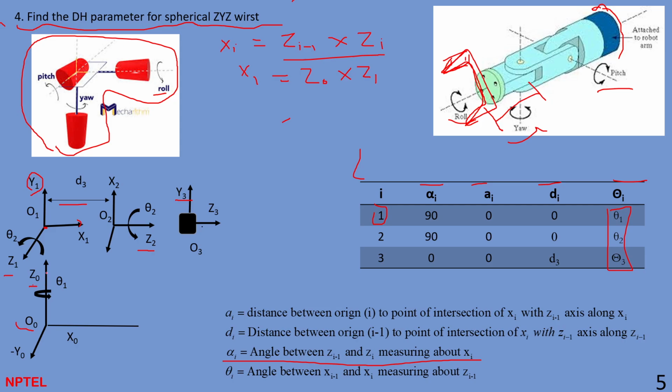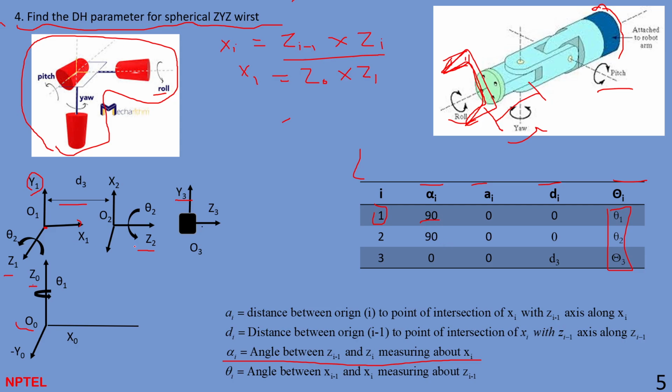When you use the right hand thumb rule, you can easily calculate that there is a difference of 90 degrees between z0 and z1. So I've put it as 90 degrees.